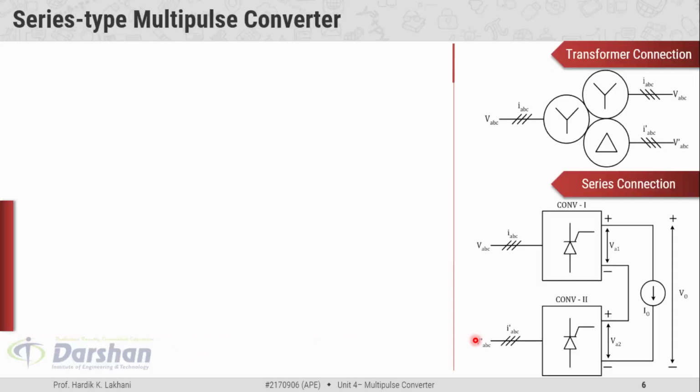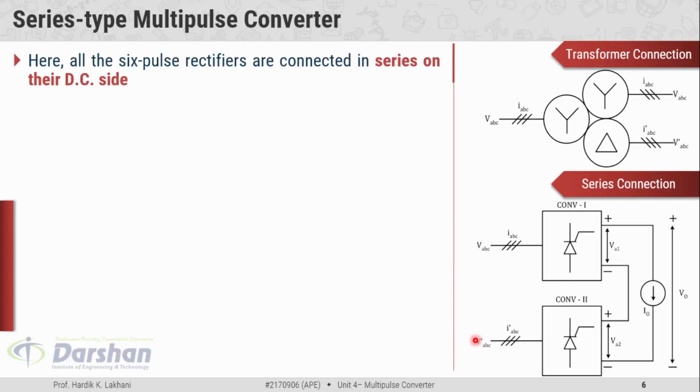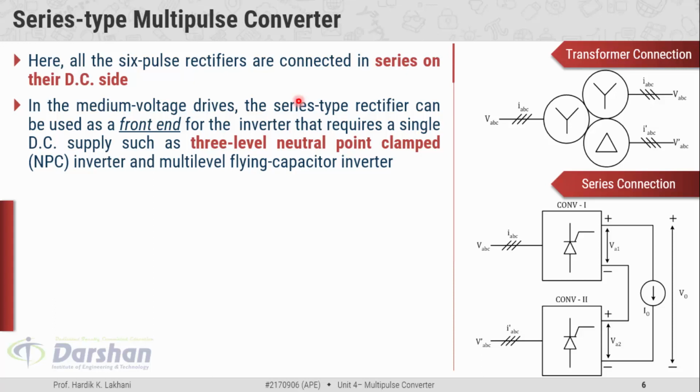Series type multipulse converter. Here all the 6-pulse rectifiers, that is converter 1 and converter 2, are connected in series on their DC side. In medium voltage drives, the series type rectifier can be used as a front end for the inverter that requires a single DC supply, such as the 3-level neutral point clamp inverter and the multi-level flying capacitor inverter.